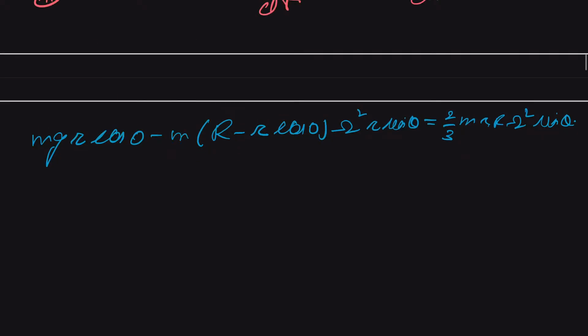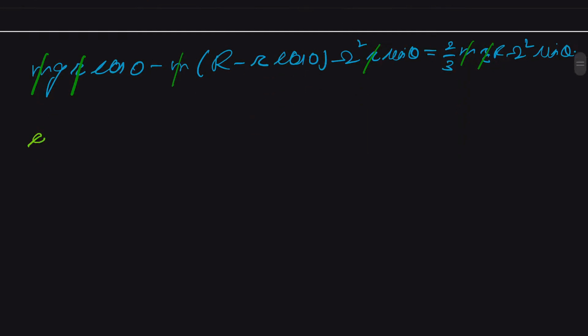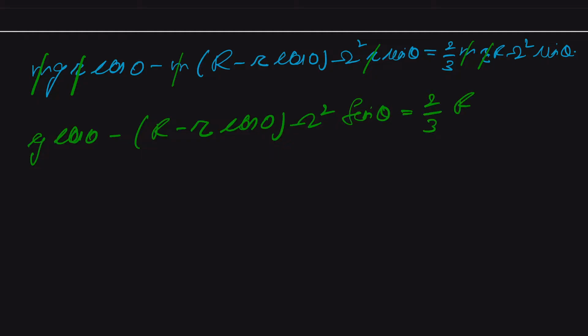and we can cancel out the common terms. We can cancel out m throughout, and we can also cancel out our small r. So we get this as g cos of theta minus R minus small r cos of theta omega square sine of theta is equal to 2 by 3 R omega square sine of theta, and we are going to combine the terms of our omega square.